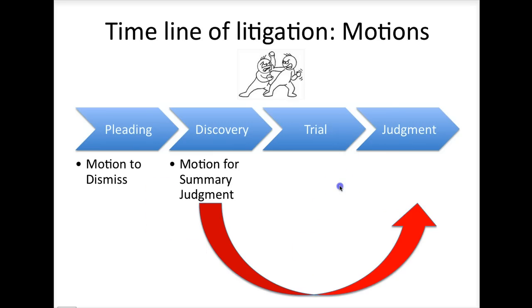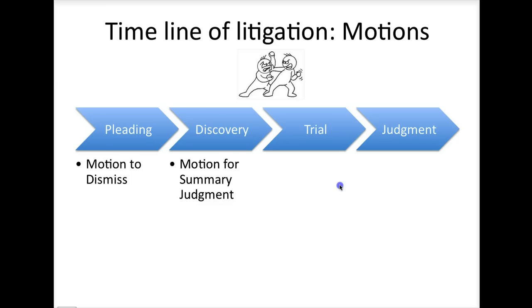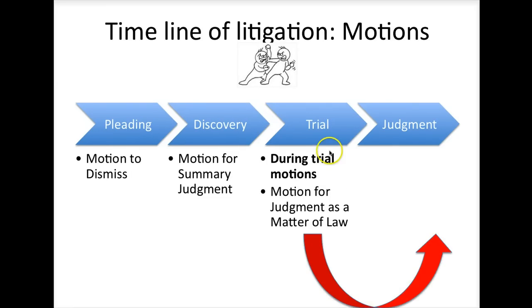Let's look at the next key motion. The next key motion occurs during trial. Once again, this is a motion asking the court to enter judgment because no reasonable jury could find for the party opposing the motion. Here, we're simply skipping the verdict.